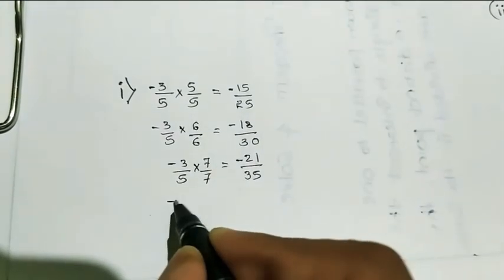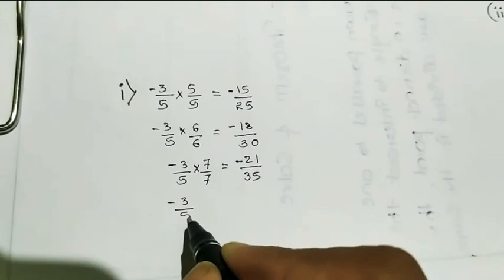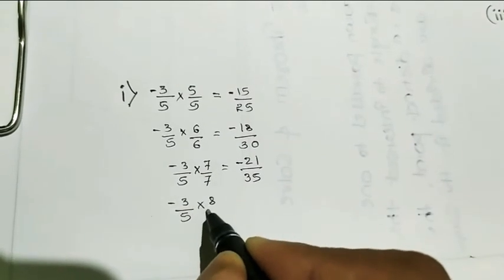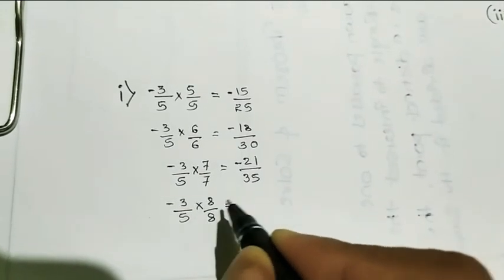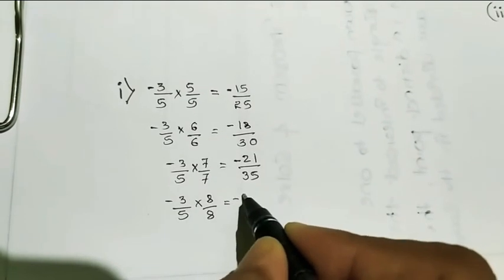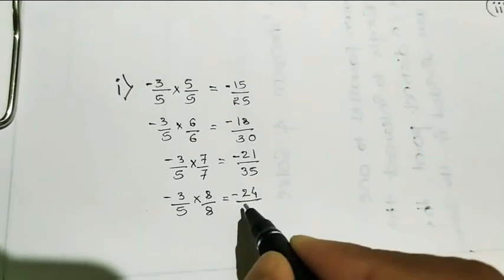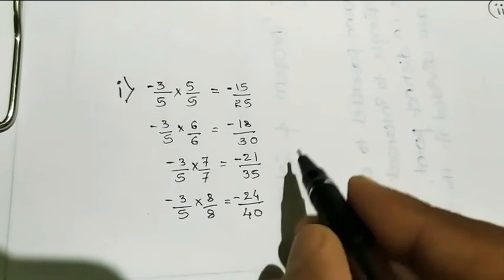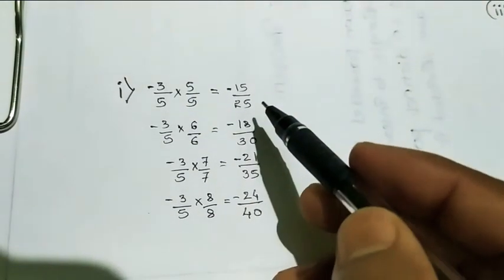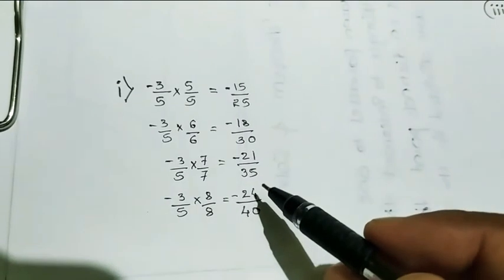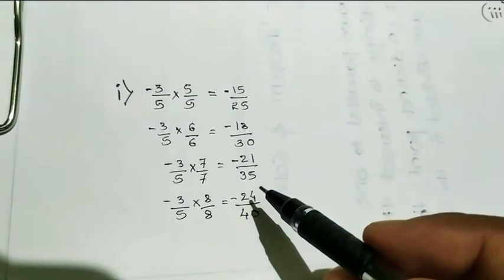Next minus 3 by 5 into next increasing order, that is 8 by 8. So 8 3s are 24, minus 24. 8 5s are 40. Okay, so these are the 4 more rational numbers with the given pattern.